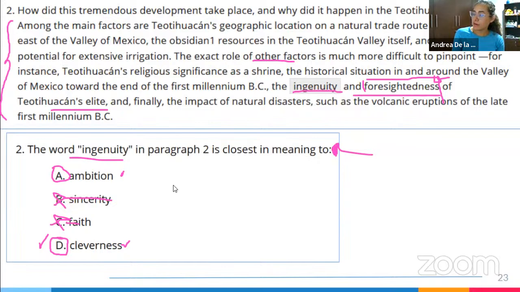Basically, this is very related to what I was just telling you. Remember, I was talking about prefixes, suffixes. So this is an example of that. We have foresightness. Does anyone know what sight means? What is sight?